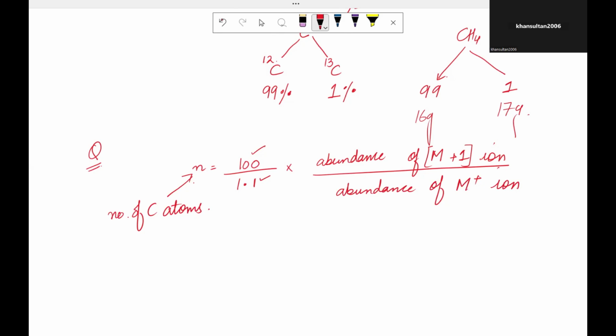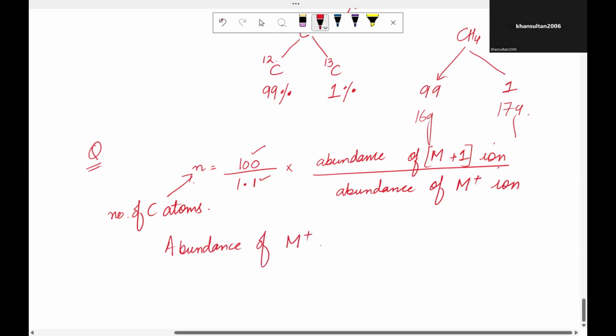For example, in this question, if they have given us the abundance of M plus ion, equal to 54.5, and the abundance of M plus 1 ion, equal to 3.6.